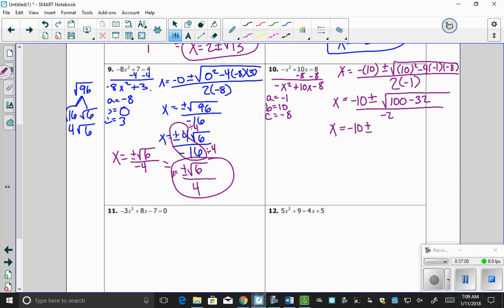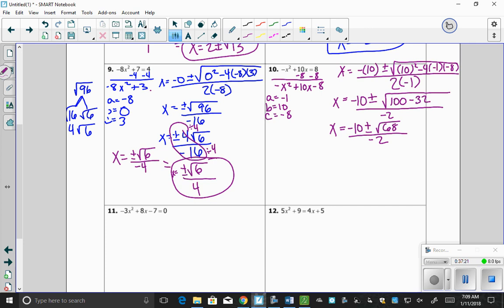When you simplify underneath, you're going to get negative 10 plus or minus the square root of 68 over negative 2, because 100 minus 32 is 68.